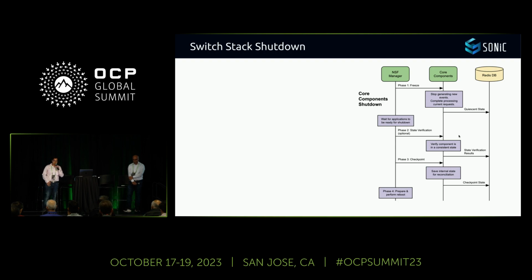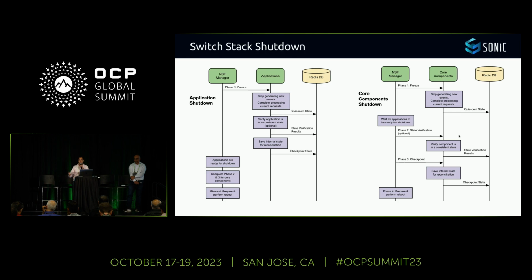Once the switch reports that the state verification is successful, it moves to a checkpointing stage where each component now saves its internal state and updates its state to checkpoint. Now, the NSF manager can monitor these QSN checkpoint states and decide whether it needs to move forward or not. And finally, it will prepare and reboot the switch.